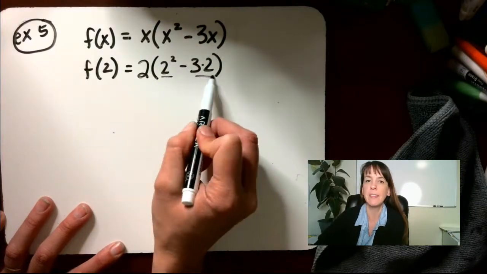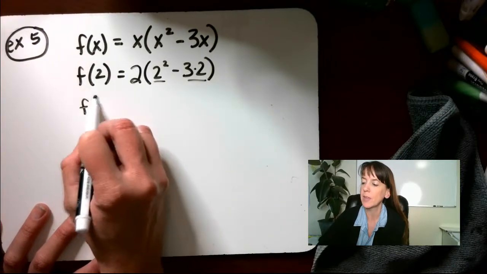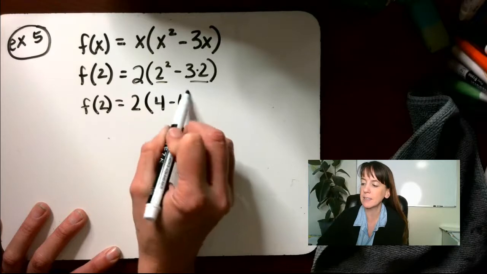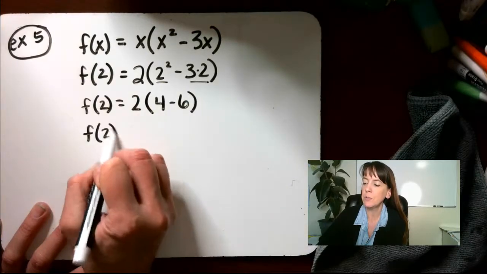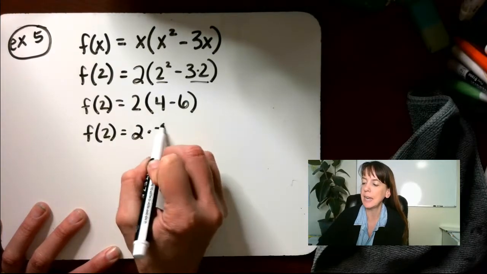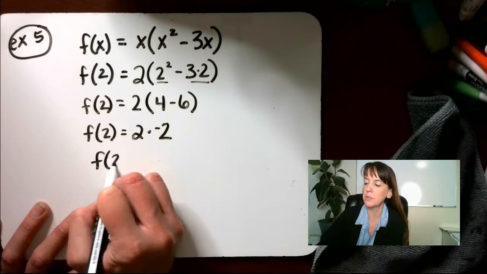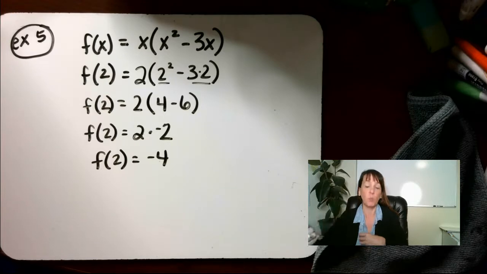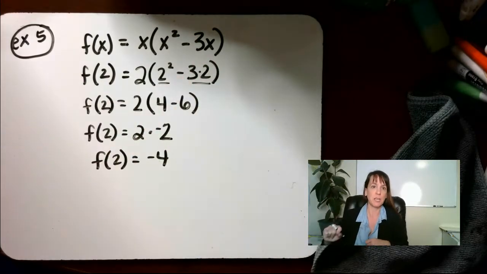We're going to do this and this first because of our order of operations. f of 2 equals 2 times 4 minus 6. f of 2 equals 2 times negative 2. f of 2 equals negative 4. And so this is how it needs to be written in your homework, so that you're showing each of your steps, right? And you're ordering things out.